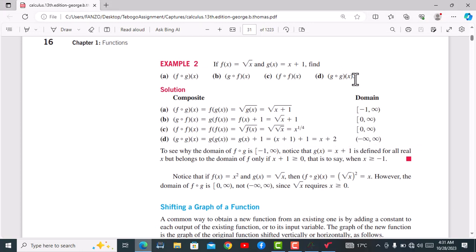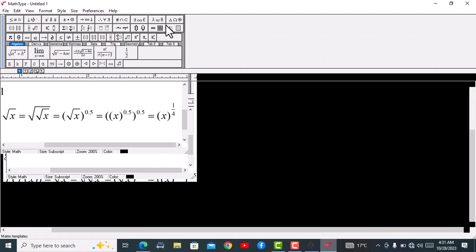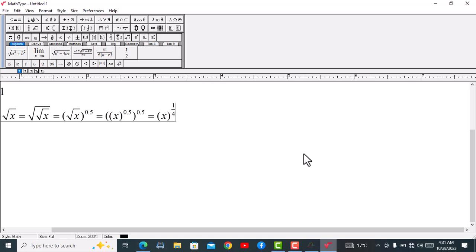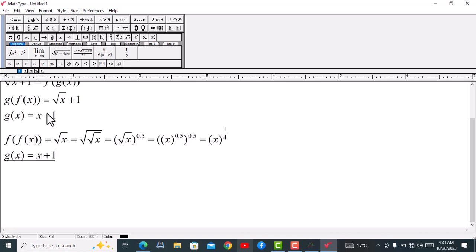So these things are not that complicated if you understand what is happening. And let's just investigate the very last one, g o g of x. So defining the graph of g inside g. So let's just quickly try to look at that one. I know that this is g at x, so I have g at x, which is equals to x plus 1.